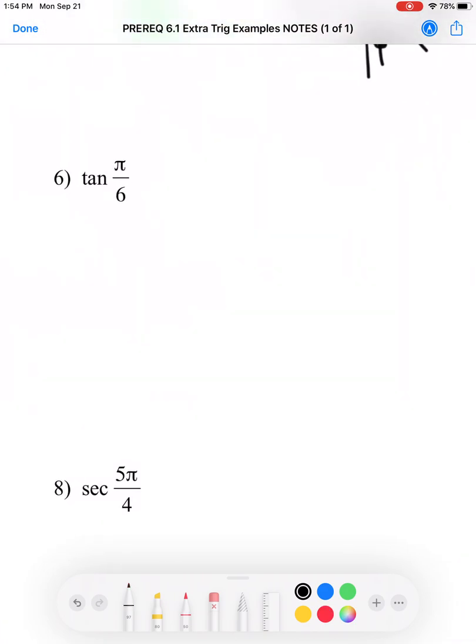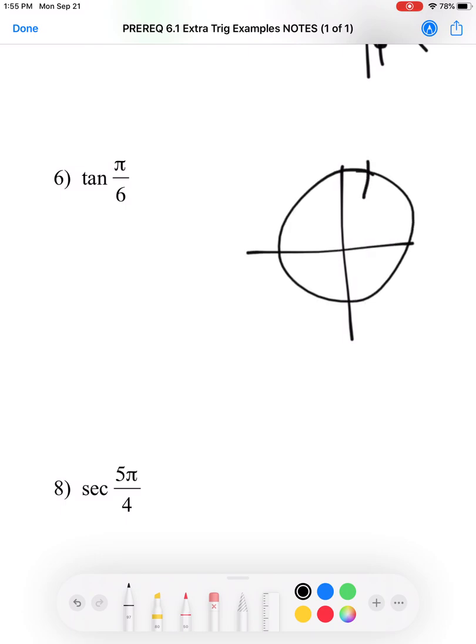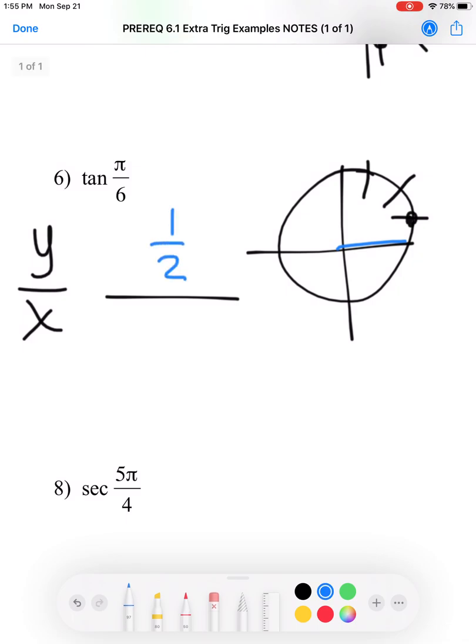Tangent of pi over 6. Pi over 6 is going to be in quadrant 1, all the way over here. Tangent is a ratio of y over x. My y value is going to be 1/2. My x value is root 3 over 2.